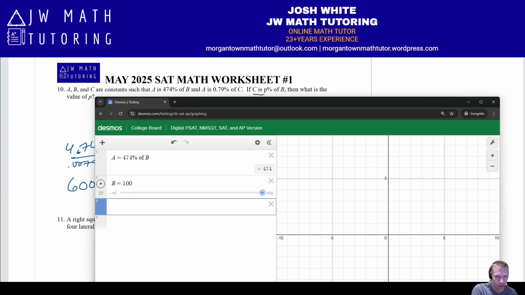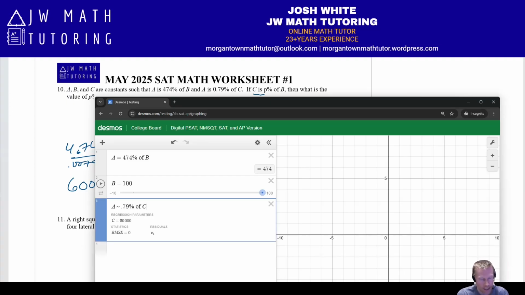And then for the next, where normally you would type the equation with C, I'm instead going to do a regression. The reason I'm going to do a regression is because it will then take the value of B that I've provided, and it'll find the value which it used to find the value of A, and it takes those two values and uses that to find the value of C, which is what we're looking for.